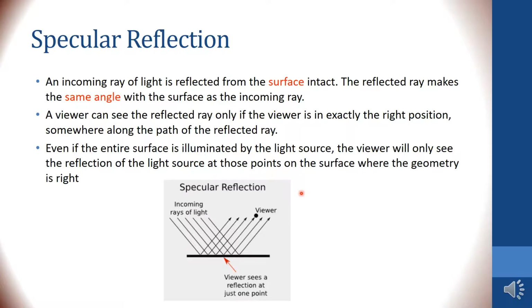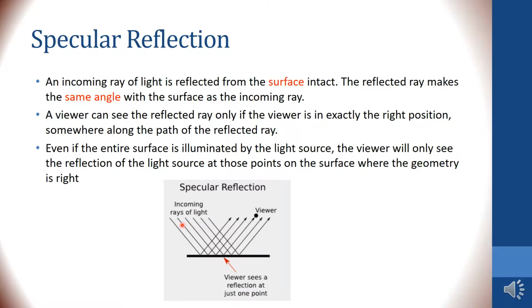Let's look into this figure to sum up what is described here. When there is an incoming ray of light, you will see here ray 1, ray 2, ray 3, ray 4, ray 5, ray 6.